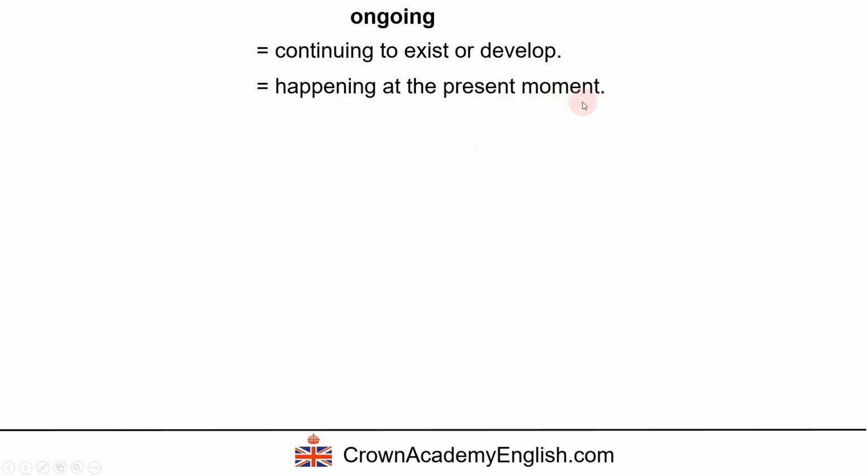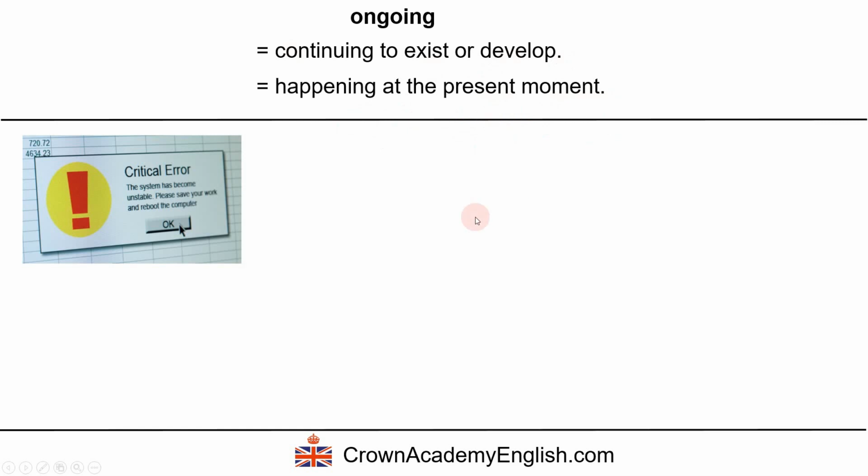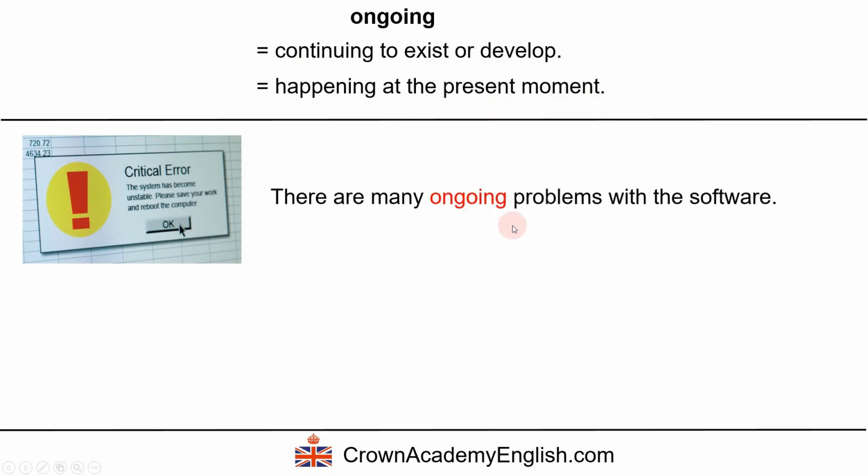It's continuing. There are many ongoing problems with the software. Okay, so there are many problems with the software, and those problems are not finished. They are not solved yet. Okay, so they are continuing, the problems are continuing to exist.